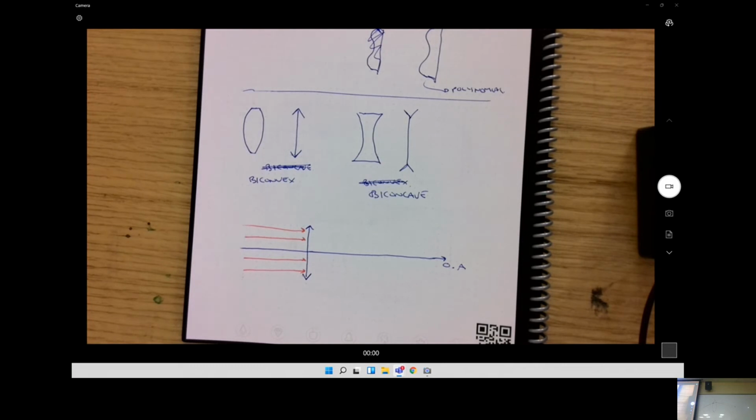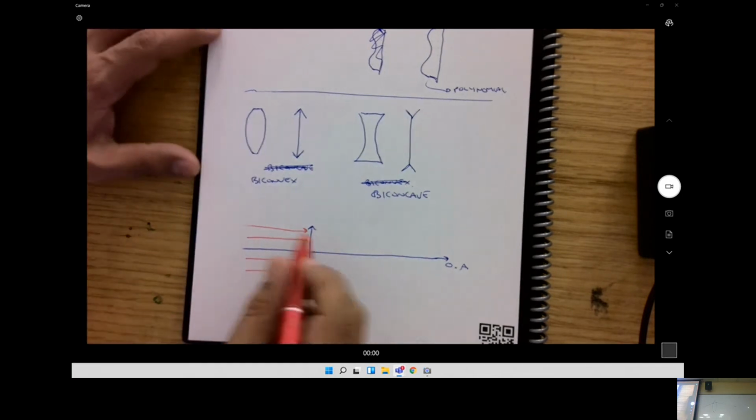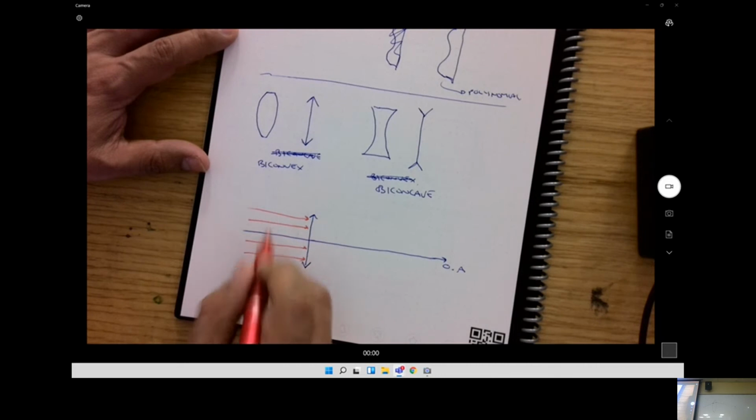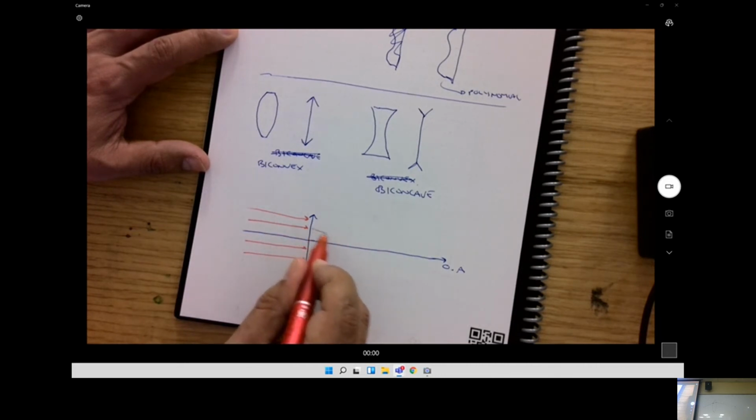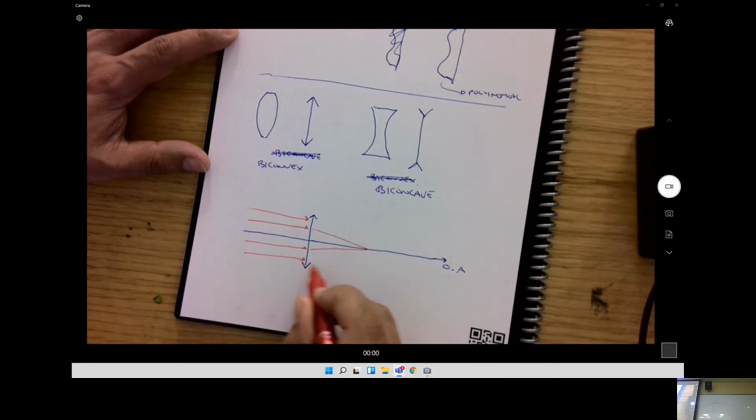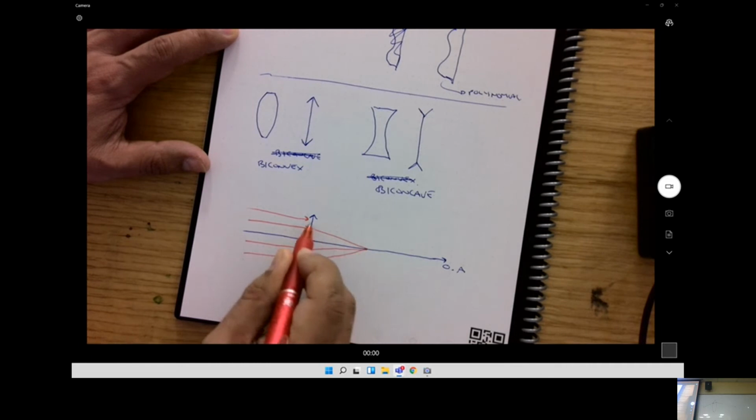Okay, and one of the things that a positive biconvex lens is going to do is focus all the light into a single point. So if your rays are parallel to the optical axis, the lens is going to focus all the rays into a single point.